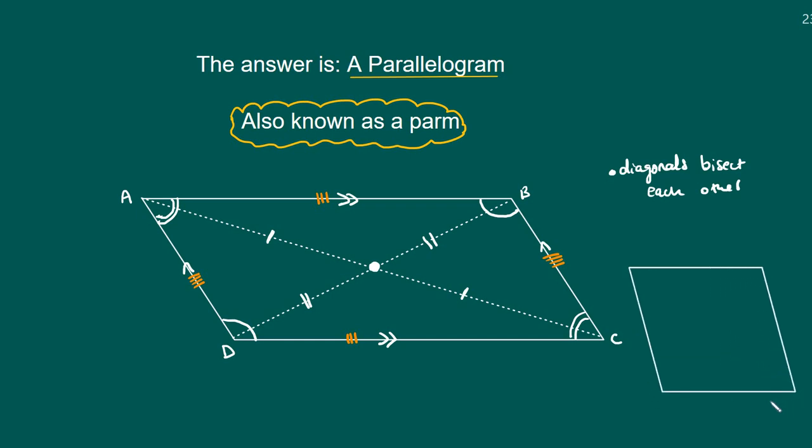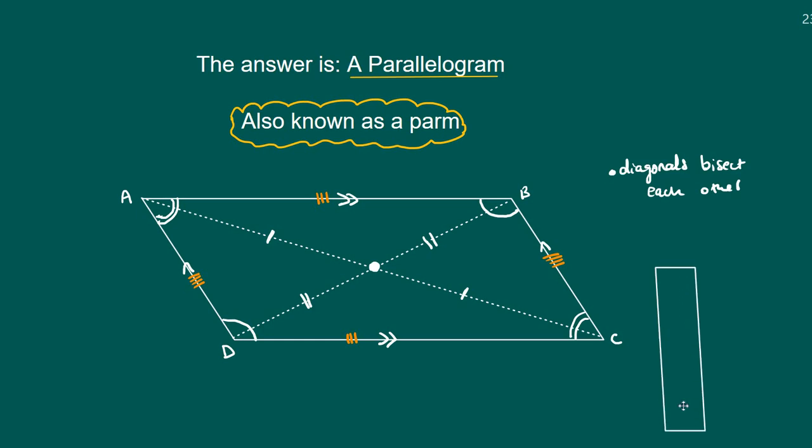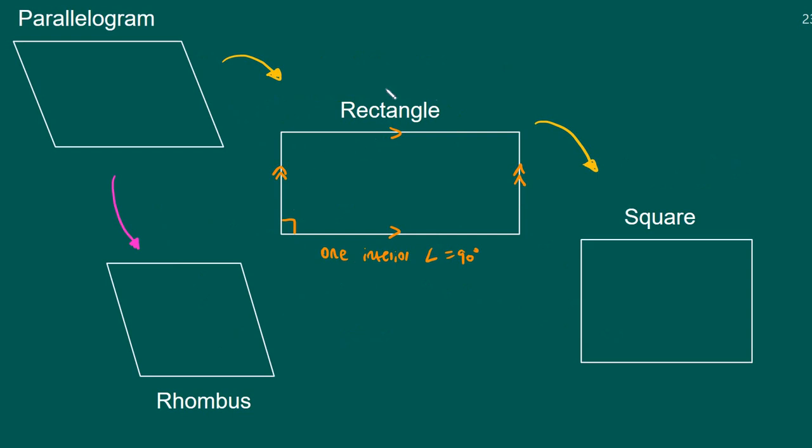If I squash it and squash it, you can see that this angle here, I want you to take note of the angle at the corner. You can see that it's becoming more and more 90 degrees, and if you do that, you are forming a rectangle. So a rectangle is essentially a parallelogram with one interior angle equal to 90.